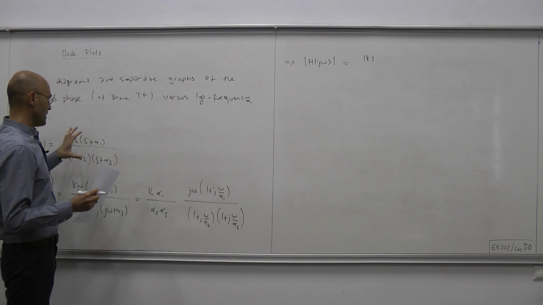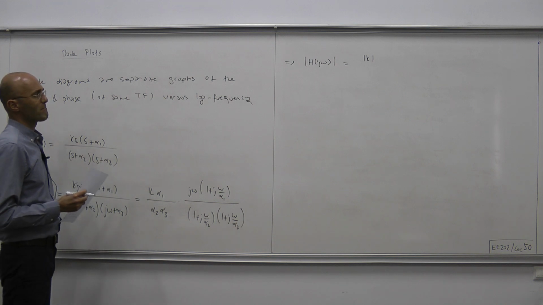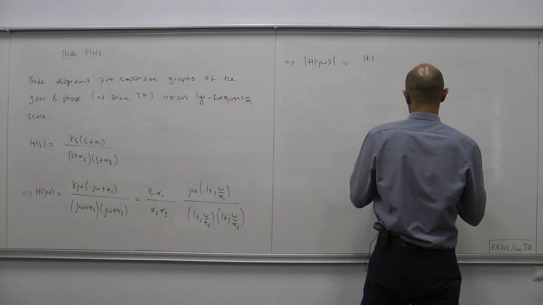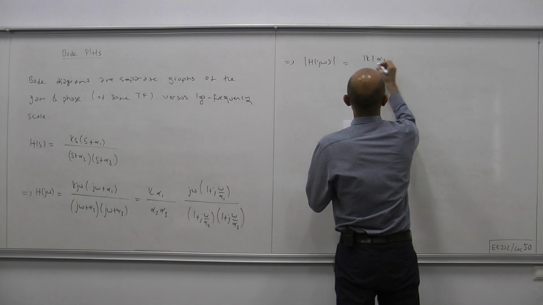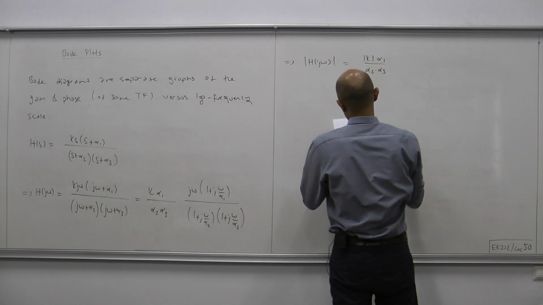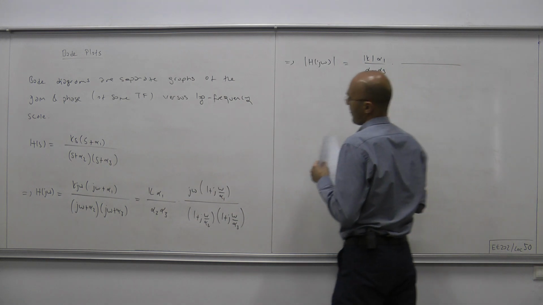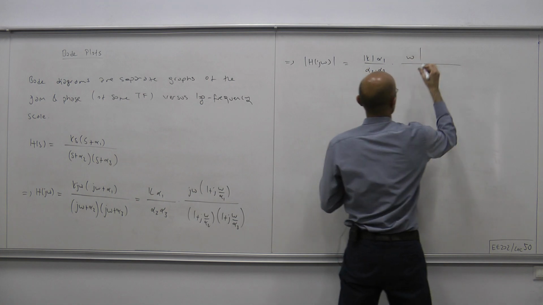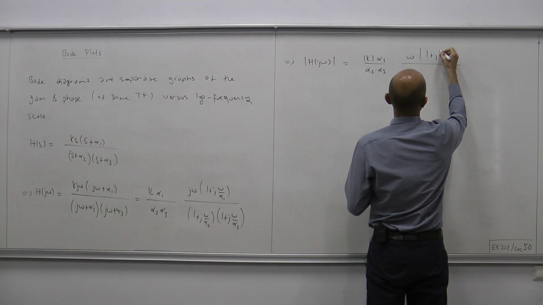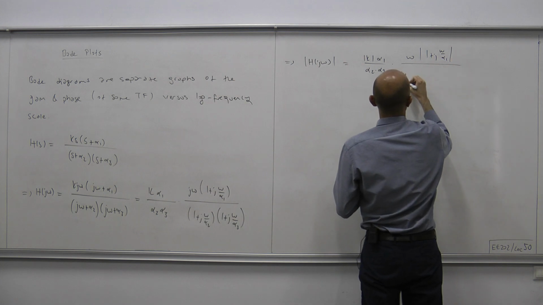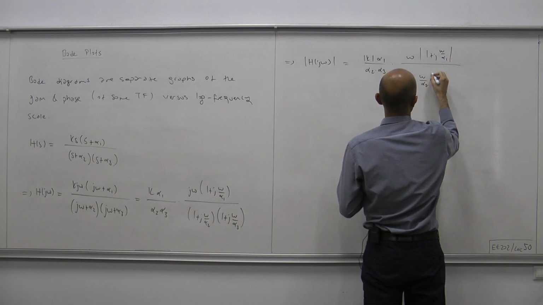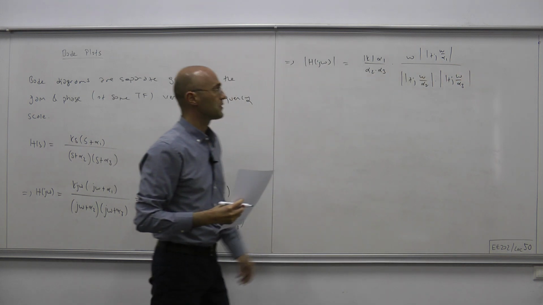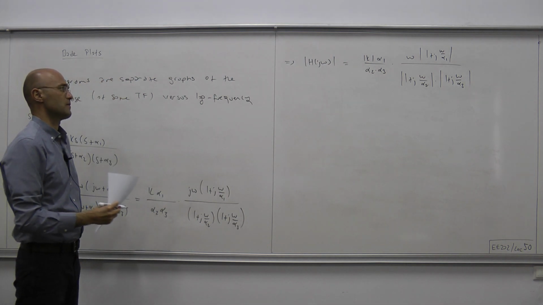Okay, so that means we're dealing with poles and zeros that are all on the open left half plane. Okay, so that produces the magnitude of K over alpha 1, alpha 2 times alpha 3, and then we have the magnitude of j omega, which is omega, and then the magnitude of the other terms: 1 plus j omega over alpha 1, over the product of 1 plus j omega over alpha 2 and 1 plus j omega over alpha 3. So that's our gain function.